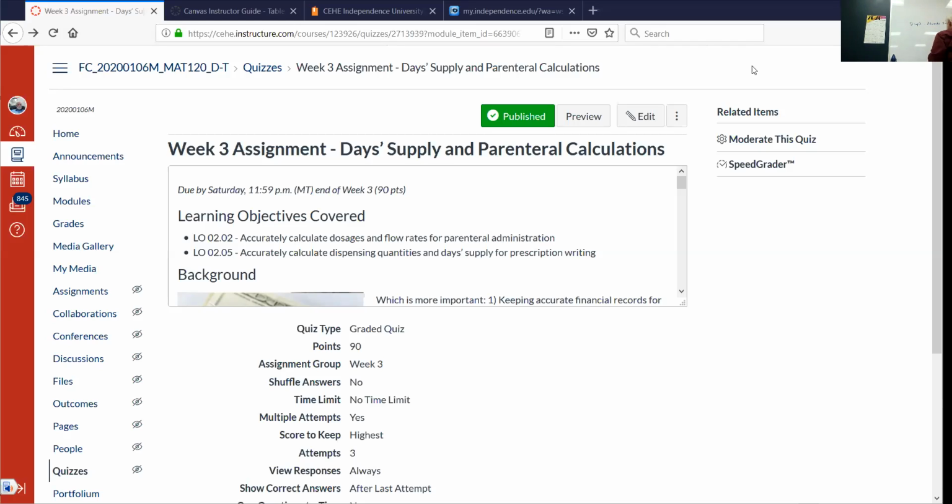Okay, and drug A will be specified as to be prepared by the pharmacy as 50 milligrams in 250 milliliters D5W. Remember, D5W is 5% dextrose in water, a common infusion solution.